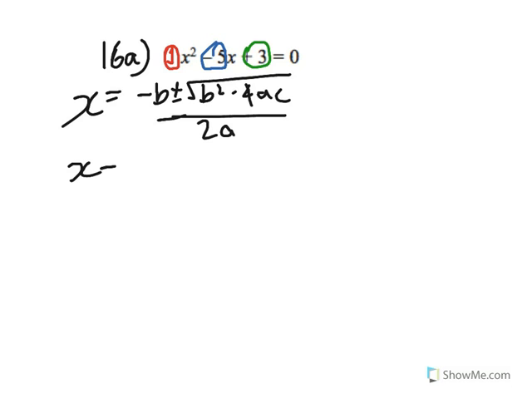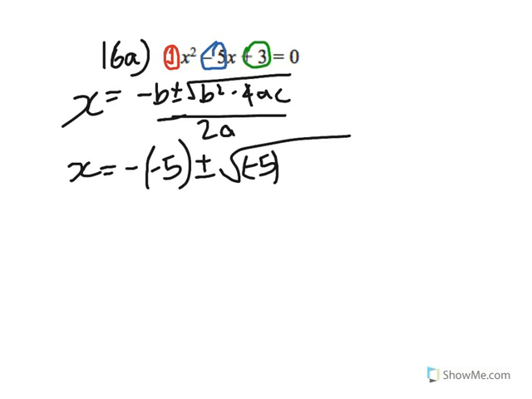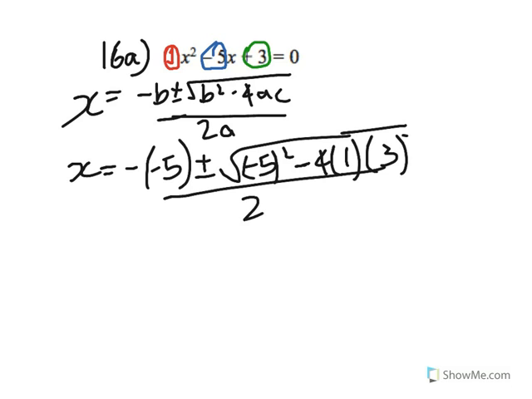So x is equal to minus b, which is minus 5, plus or minus the square root of minus 5 squared minus 4 times 1 times c, which is 3, over 2 times a, which is 1, so 2.